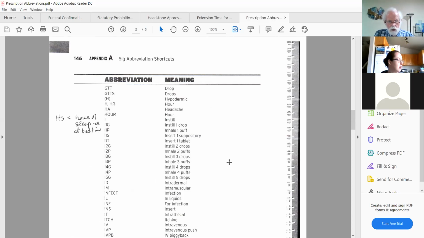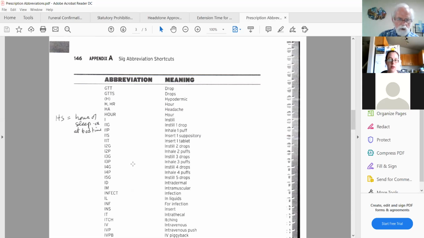So again, we are looking at the variations in the way people write out prescriptions. This particular table is again not complete. It's 5 pages, but it's not complete. The actual table is hundreds, if not thousands, of abbreviations long. And what we're seeing here with this kind of an abbreviation, I2G would mean instill 2 drops.